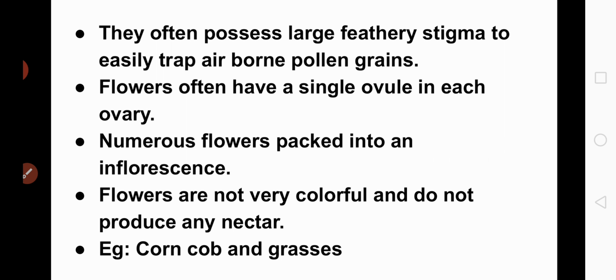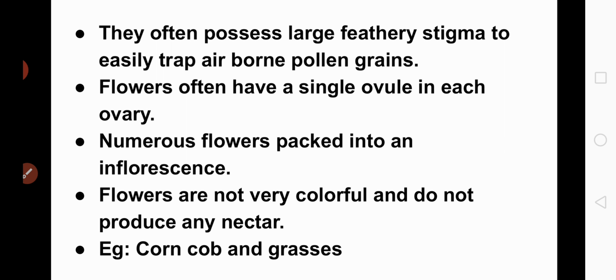The next character is that they often possess large feathery stigma to easily trap the airborne pollen grains. So this is the third point, presence of large feathery stigma. The next character is that flowers often have a single ovule in each ovary.